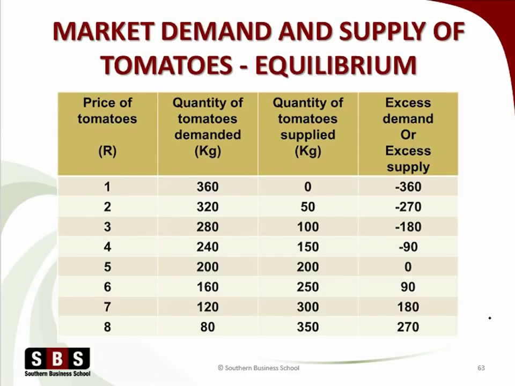It's just a natural tendency of the market. So if you ask, in practical terms, what is equilibrium, then that is what you say. It's the tendency of the market to bring quantity supplied and quantity demanded equal to each other. And then you get an equilibrium price and equilibrium quantity.